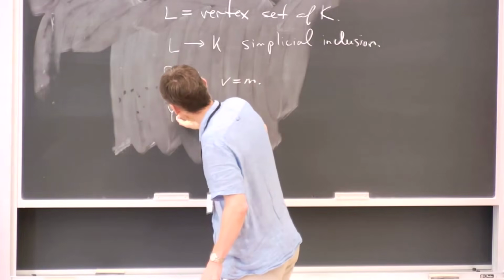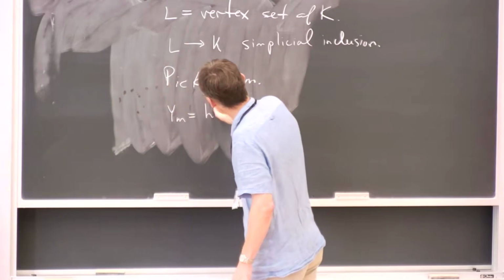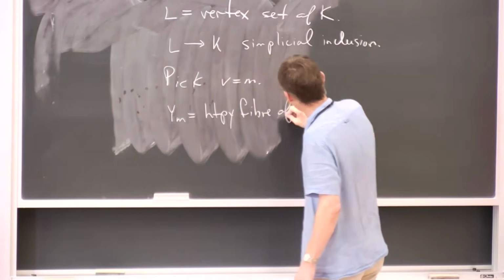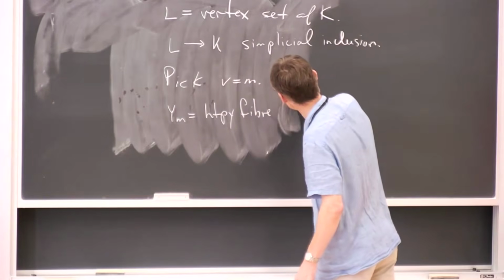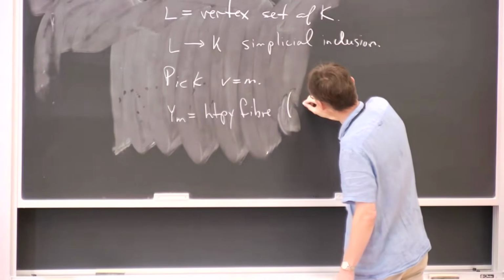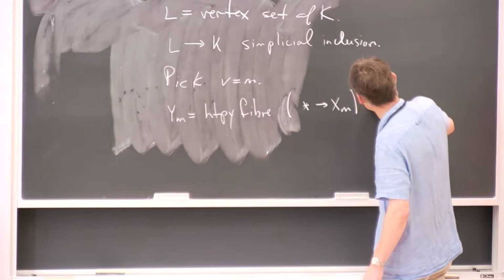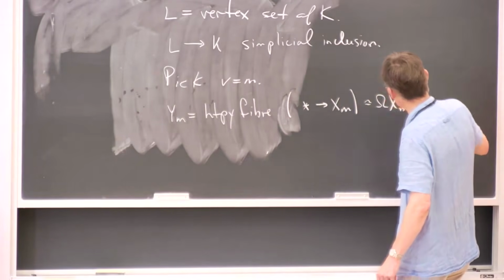So Y_m is the homotopy fiber of a point into X_m, so that's just the loops on X_m.